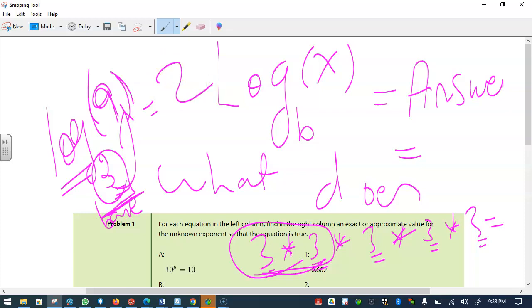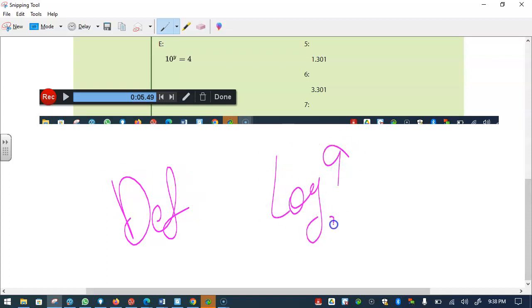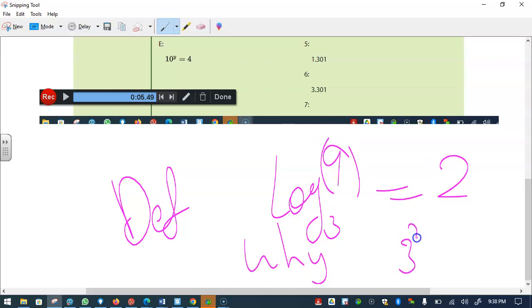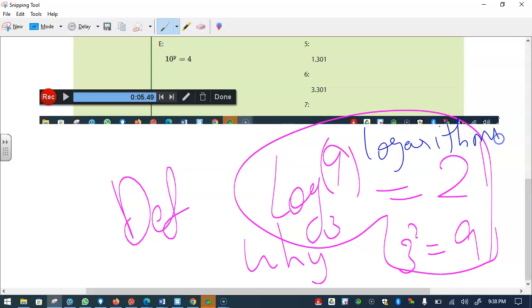That's all it is. So the definition: logarithm of 9 to the base 3, the answer is 2. Why? Because 3 raised to the power 2 is 9. So we have a nice way of writing these two, which mean one and the same thing. This is called logarithmic form, and this is called exponential form.